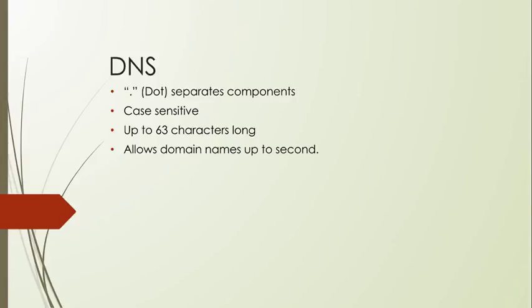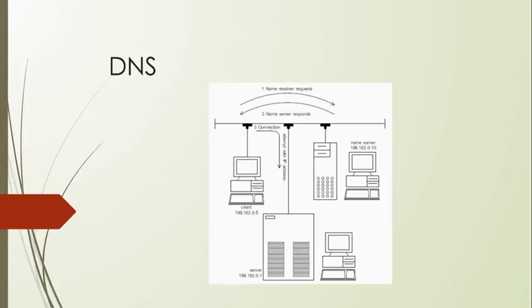It's case sensitive, up to 63 characters long, and allows domain names up to the second level. An example is websites that have URLs with .jp.edu or .edu.jp or uplb.ph.edu.ph.